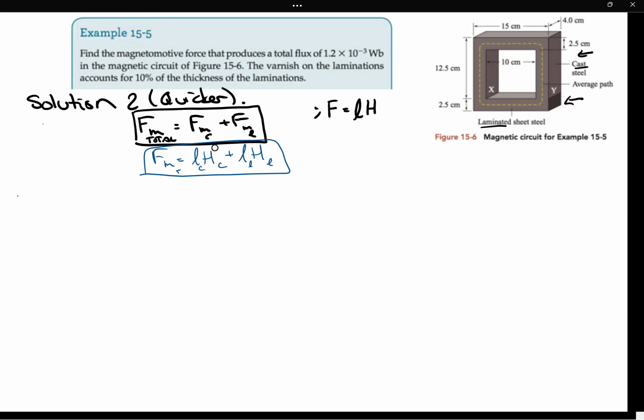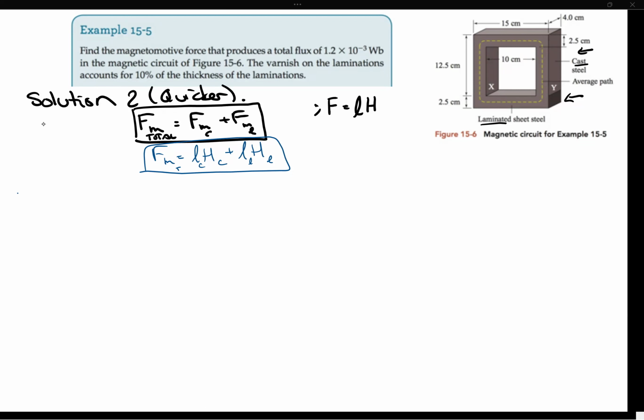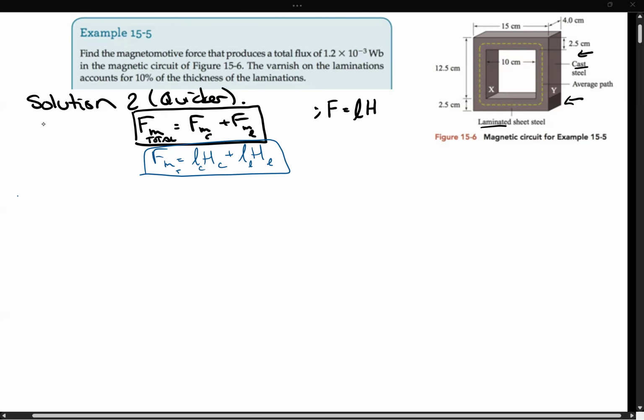So what we have to do, of course, is find the mean path length and the magnetic field strength of both of these sections.